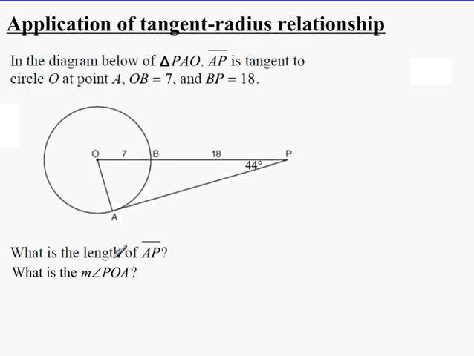Well, the tangent radius relationship says that the tangent is perpendicular to the radius, so I know that angle A must be 90 degrees. And if angle A is 90 degrees, that means this must be a right triangle.